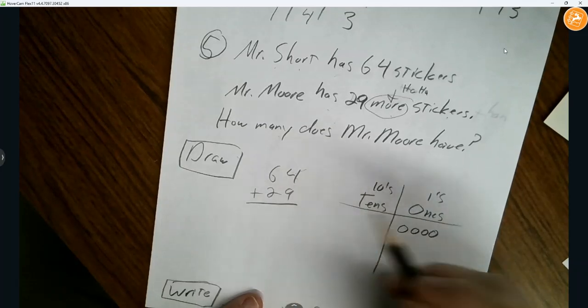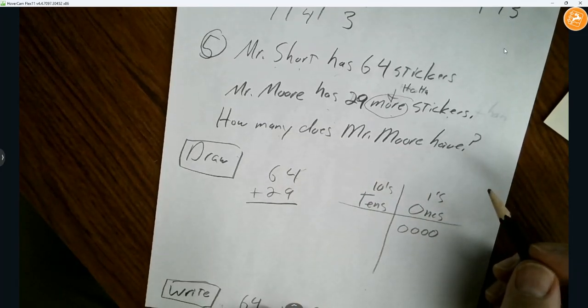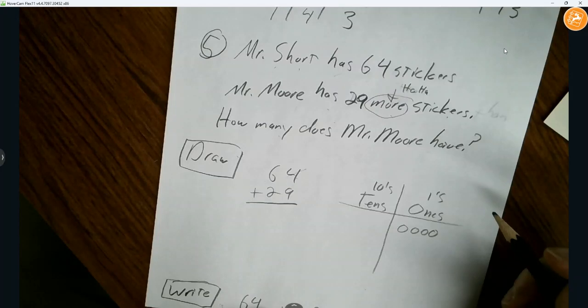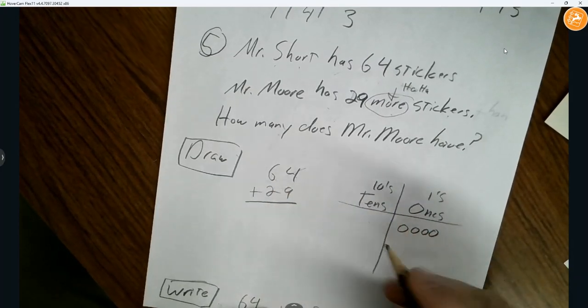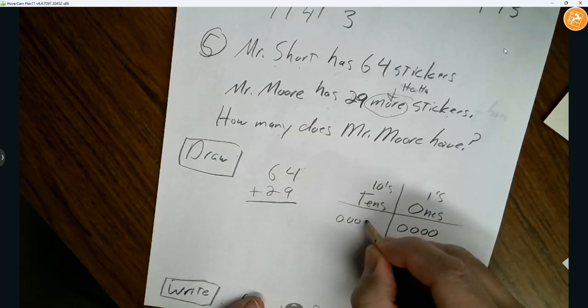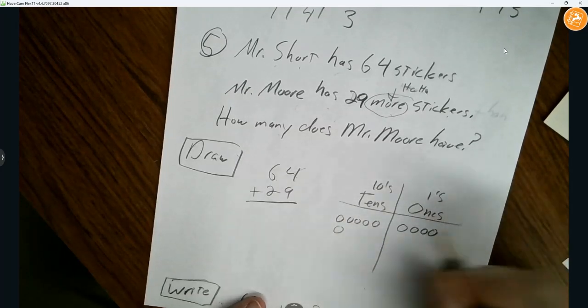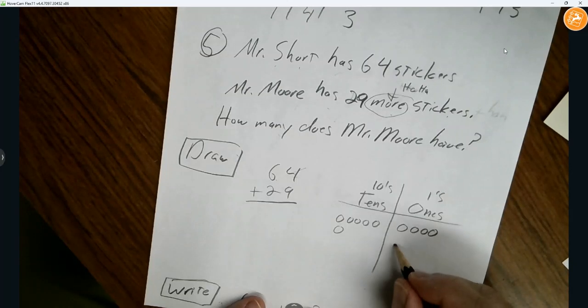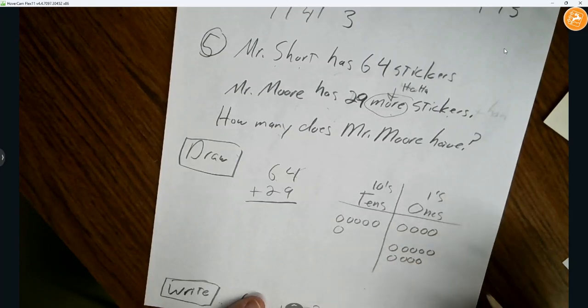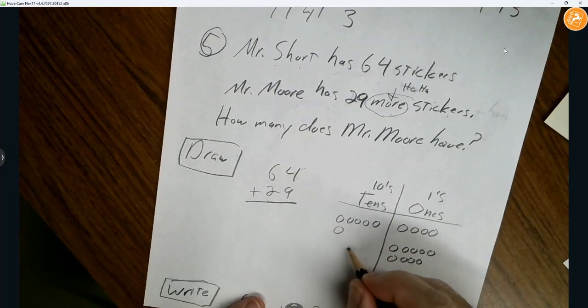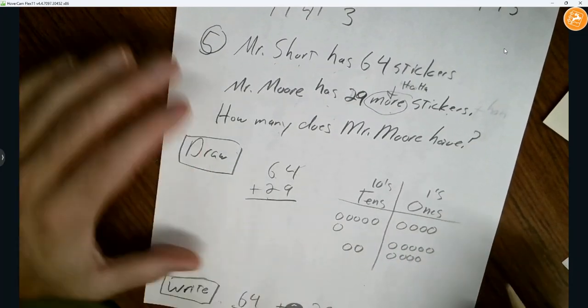Put a light mark through that if you want, or if you don't want to, that's fine. And if we have 6 10s there, we need 6 10s here. 1, 2, 3, 4, 5, 6. Now the bottom number, we need 9 ones. 1, 2, 3, 4, 5, 6, 7, 8, 9. And then we need 2 10s. 1, 2.